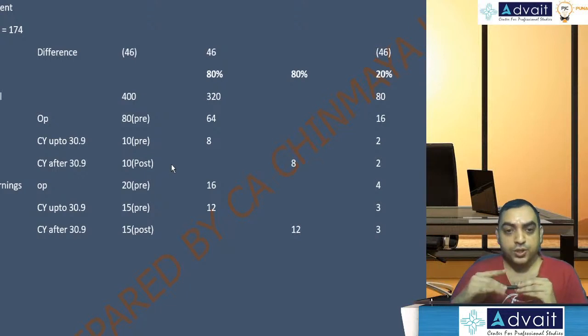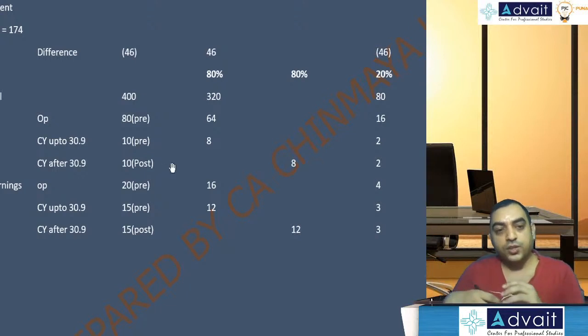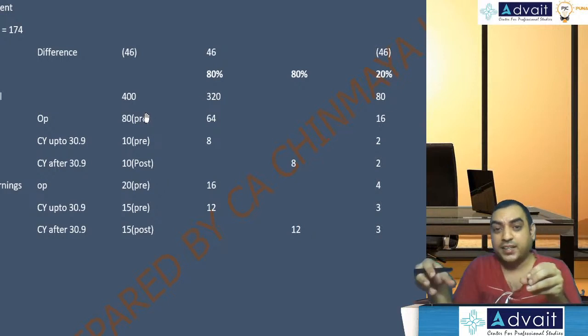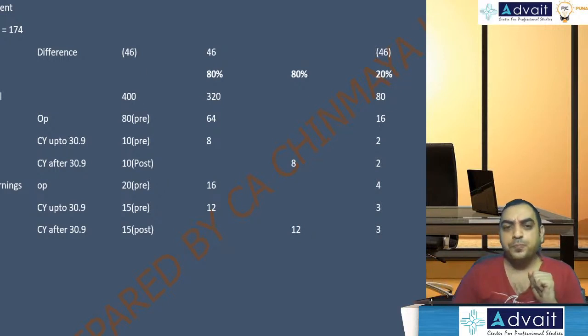Okay, fine. So please take it down related to S Limited. I hope S Limited is not a problem. We already computed these numbers. Share capital 400, 80%, 20%. Don't take the previous percentage; this is P Limited in S Limited. Opening balance we have done in the chart.